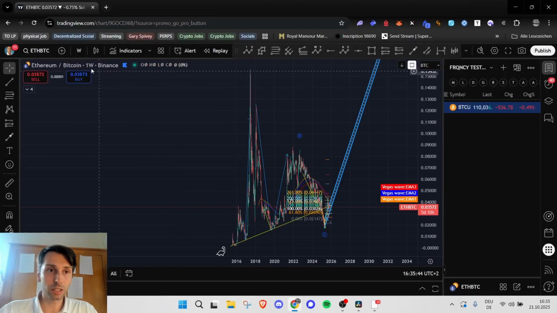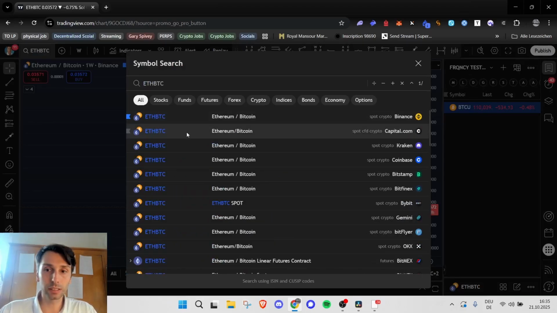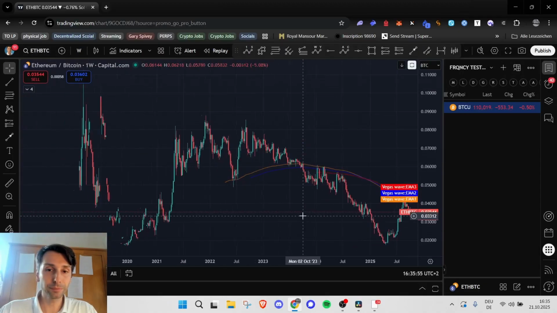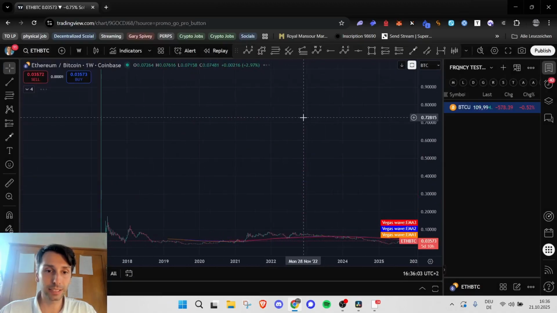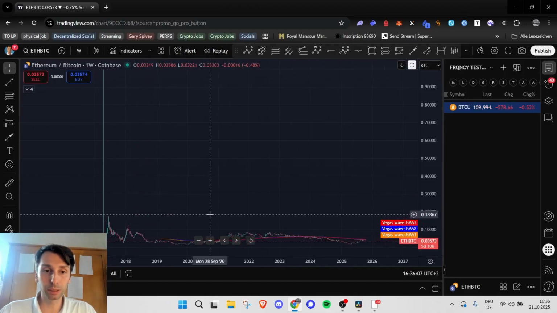There's a lot going on my chart right now, and I don't want to change it, but we can look at ETH-BTC on a different platform. I don't like this one either, and this will happen sometimes. You will find the right chart. Let's take Coinbase, because they have a much larger history here.